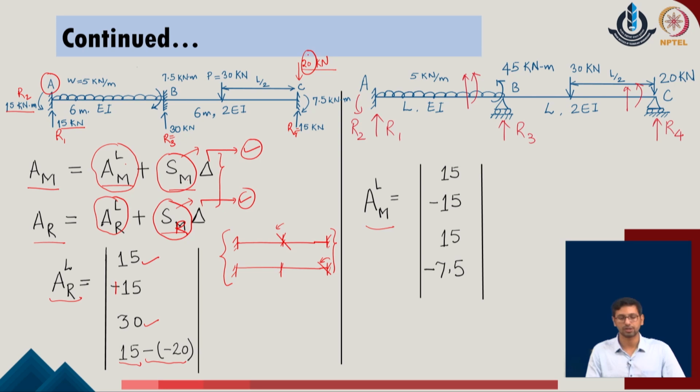So, when it comes to the reaction we have to reverse its sign, that is why I have taken the first sign as negative, and then the second, its direction is downward, which is also negative as per the sign convention. So, we consider it minus of minus 20. One can easily understand this as well, that as the load is downward, the amount of the reaction which it will contribute has to be provided in the upward direction. So, that is why one has to add the 15 plus 20, that will be giving us the net reaction in the direction of R4.